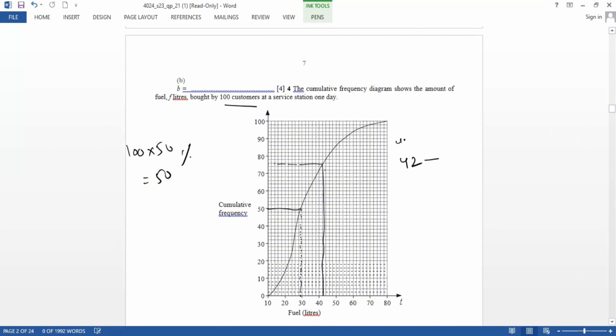This is the upper quartile. And the lower quartile is 100 times 25%, that is 25. At 25, we have the value of 24. So 42 minus 24, so our answer is 80.